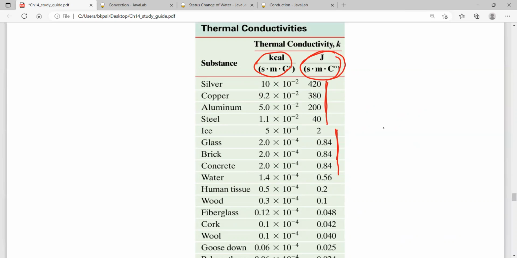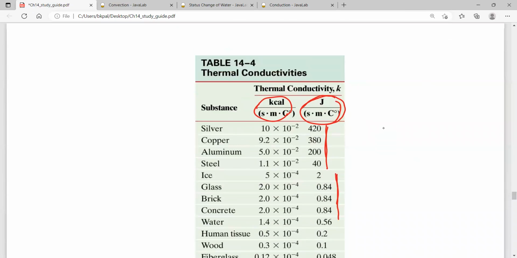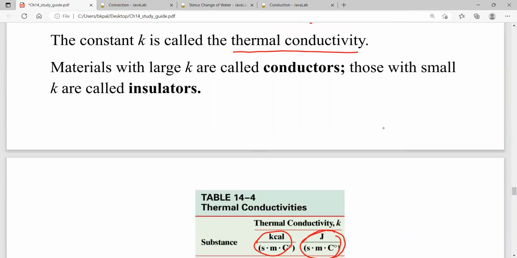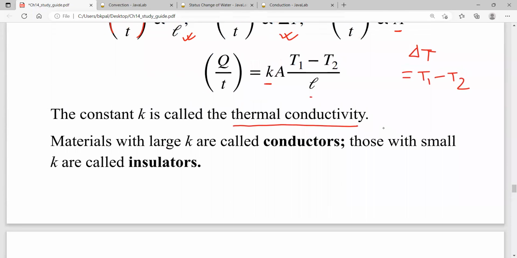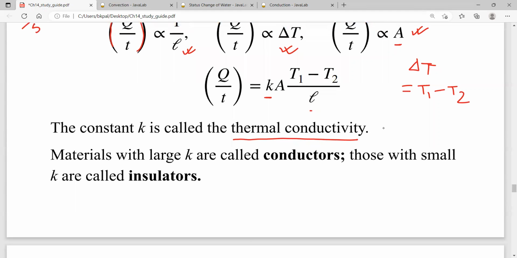So you see that some objects' thermal conductivity is higher and some is lower, and based on that we divide the objects into two different categories. Materials with large K are called conductors, and those with small K we call insulators.